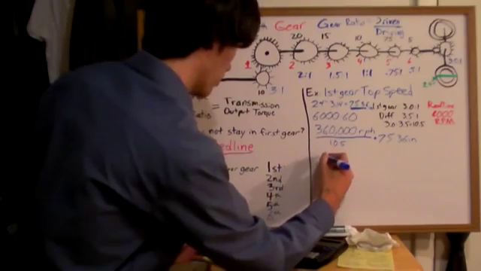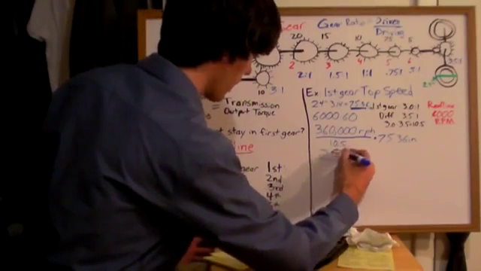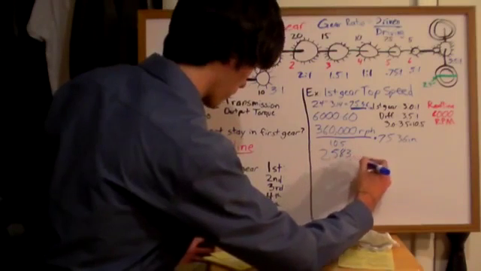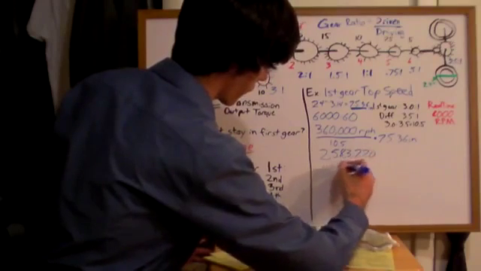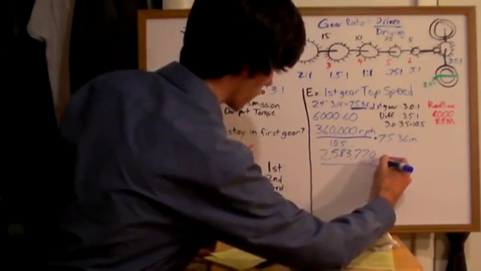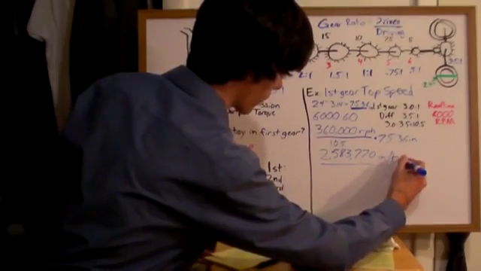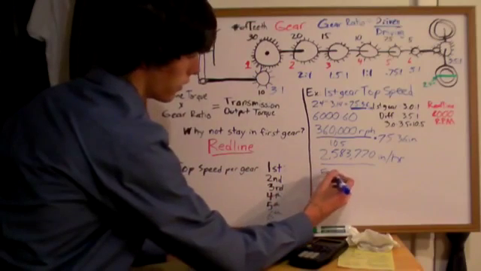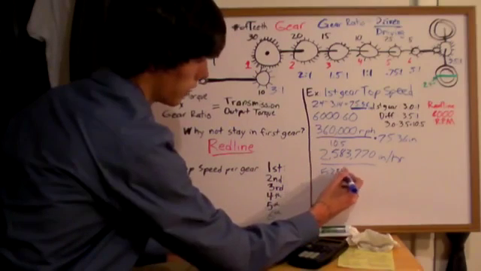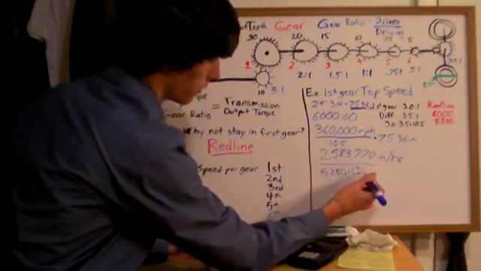That comes out to 2,583,770. That's going to be inches in an hour. Alright, so there's 5,280 feet in a mile. There's 12 inches in a foot.